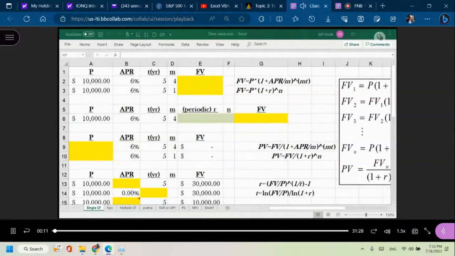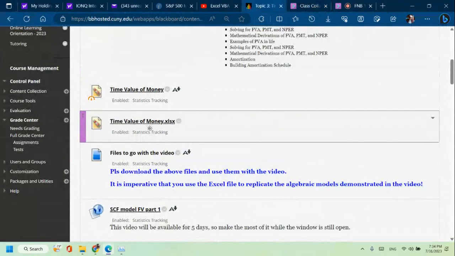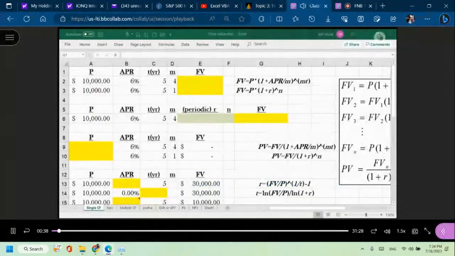This is Dr. Jeff Holm, and we are now looking at an Excel file. And once again, just for your information, all of these files that we are using for the class are located in each respective topic's folder.